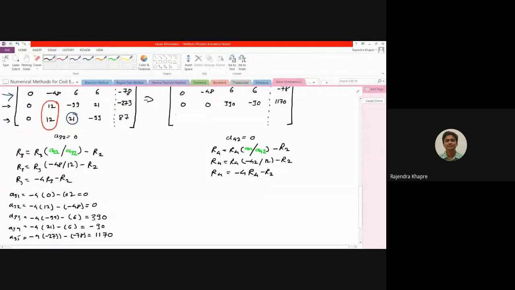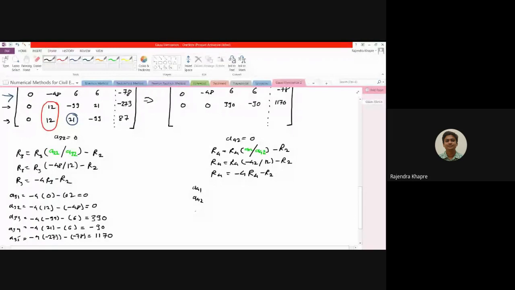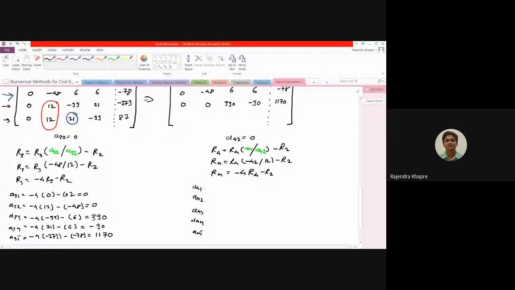Similarly, now you have to operate on another row, the fourth row. So this is a41, a42, a43, a44 and a45.